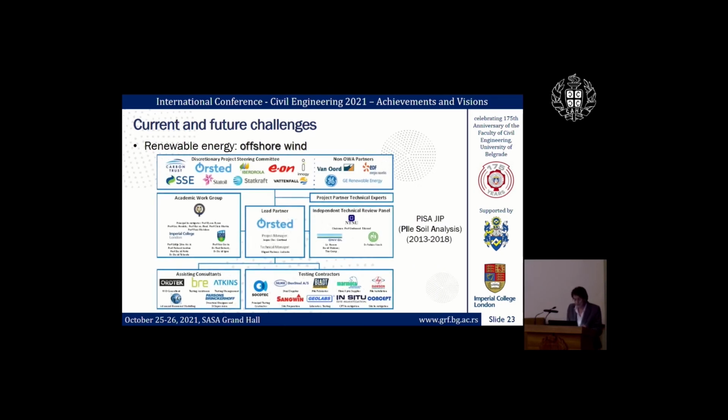And in about 2013, so the couple of years, the industry was actually getting together to understand what they were supposed to do and how to go about solving this problem, led by the Danish offshore developer Ørsted and the British Carbon Trust and 10 other offshore developers, international offshore developers.